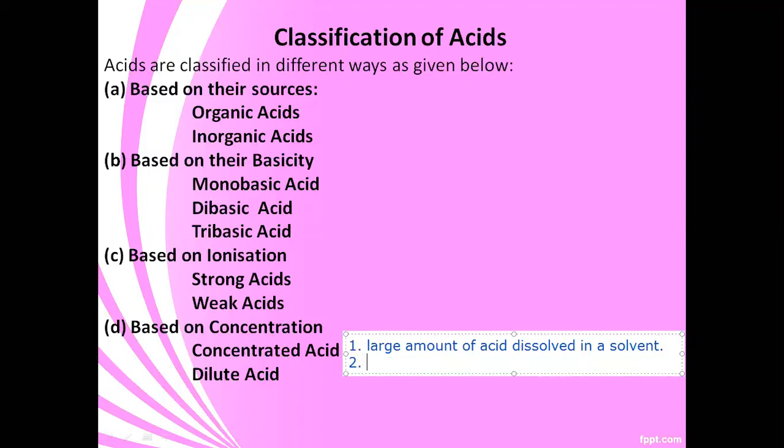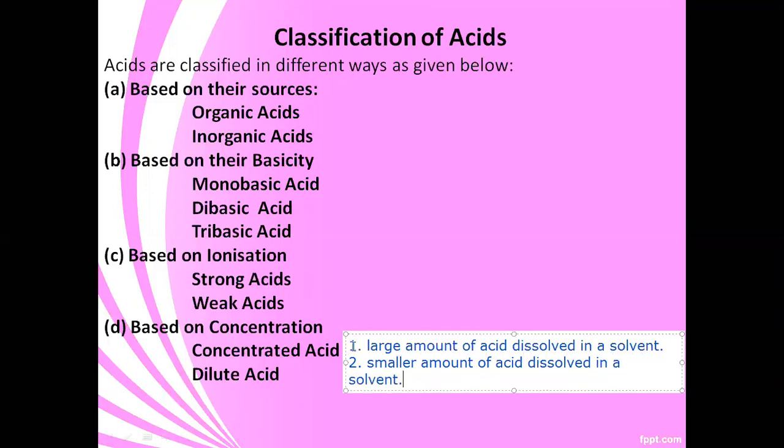The next one is dilute acid. It is opposite to the concentrated acid, that is, a smaller amount of acid dissolved in a solvent.